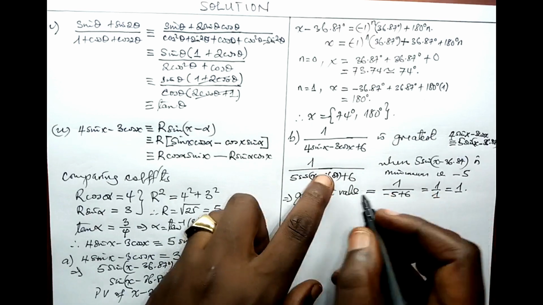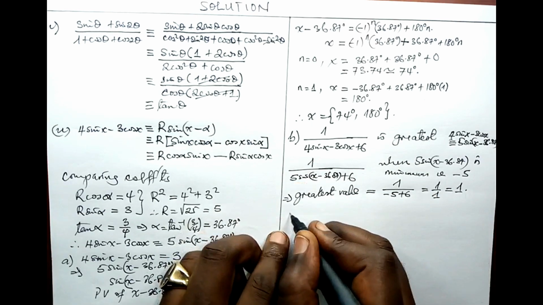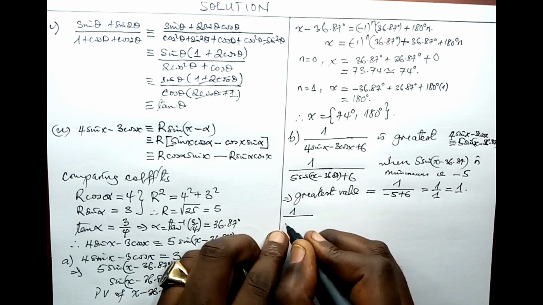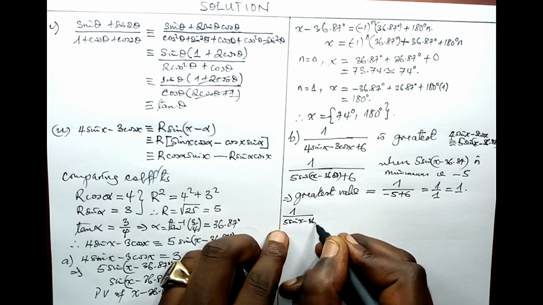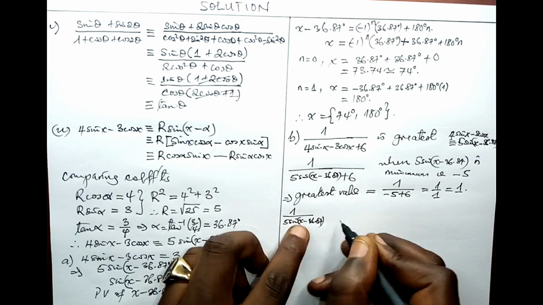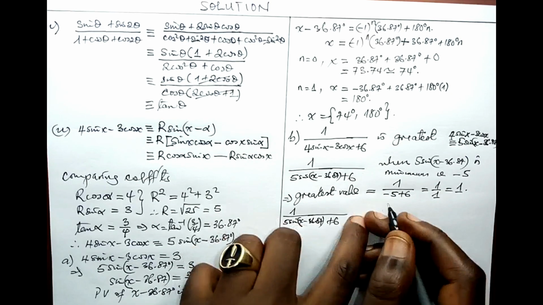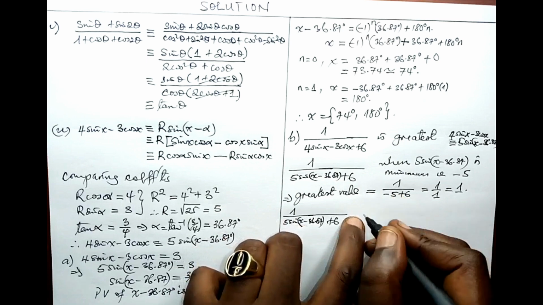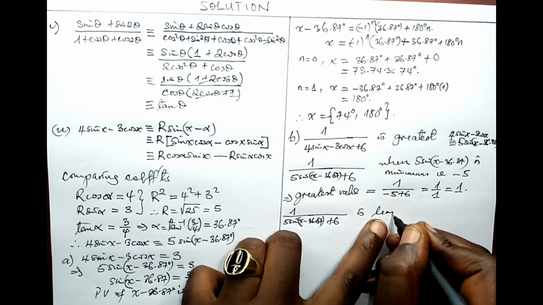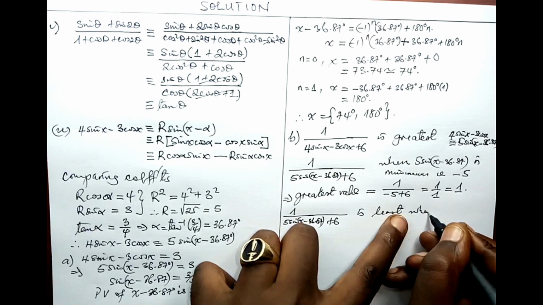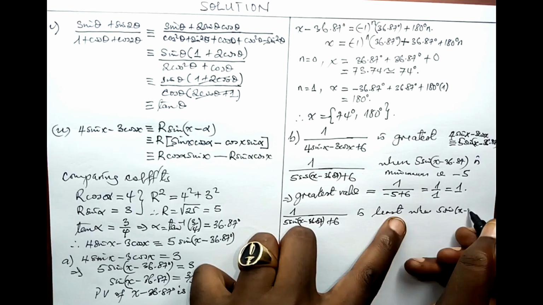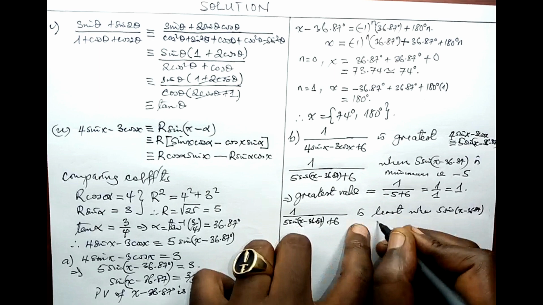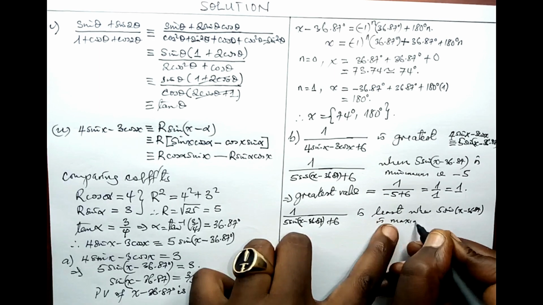The same argument will be used for 1 all over 5 sine x minus 36.87 plus 6. In the case of finding the least value, the expression is least or minimum when 5 sine bracket x minus 36.87 is maximum.